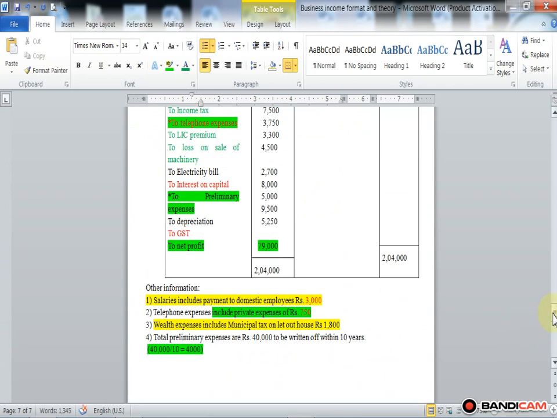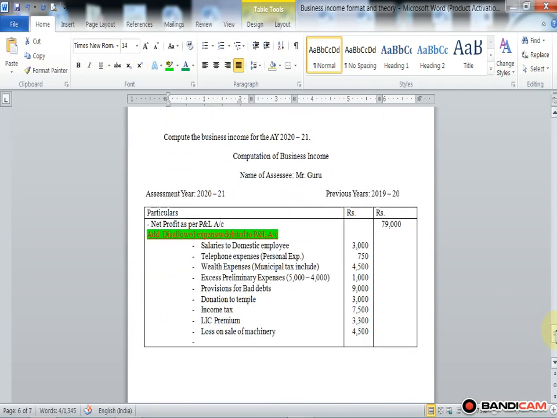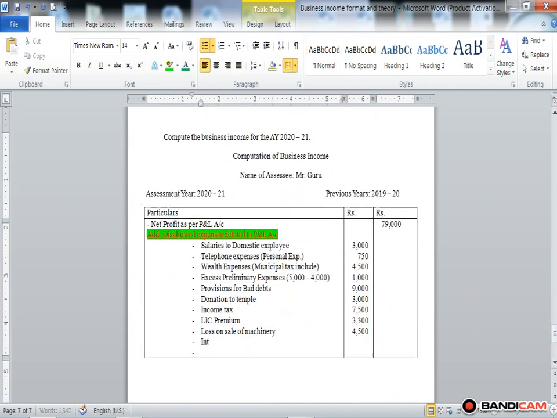Then interest on capital. So interest on capital is also a disallowed expense in business. Okay, rupees 8,000. So interest on capital means interest paid on capital of Mr. Guru. So this interest is disallowed, amounted to rupees 8,000.